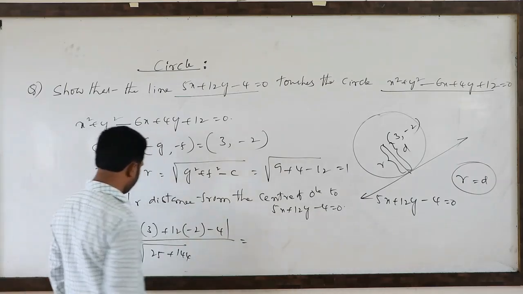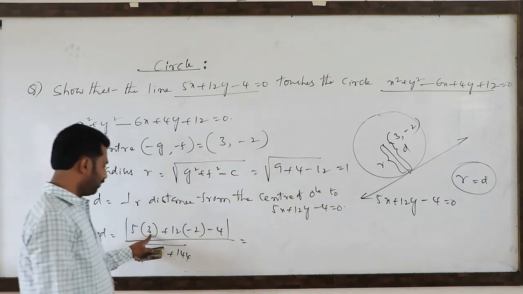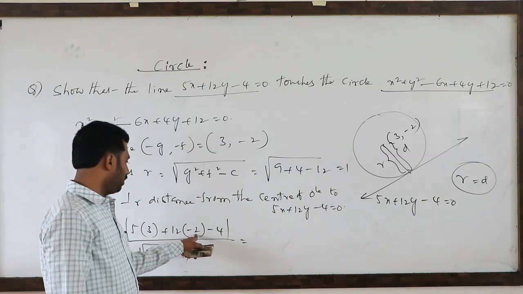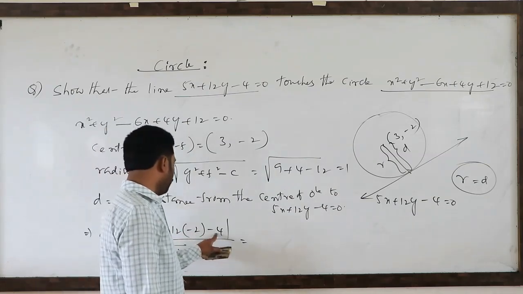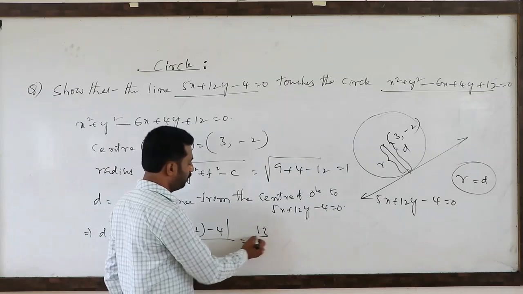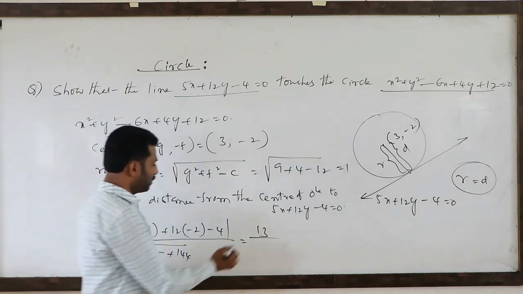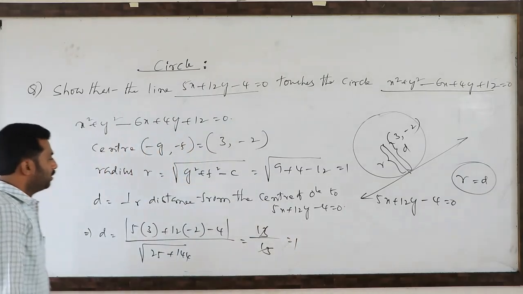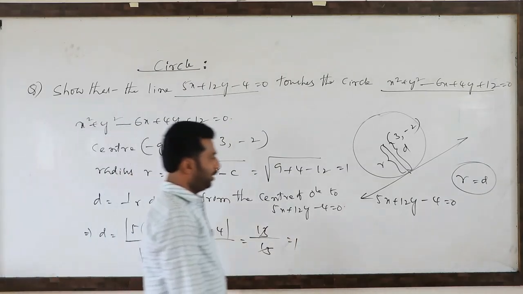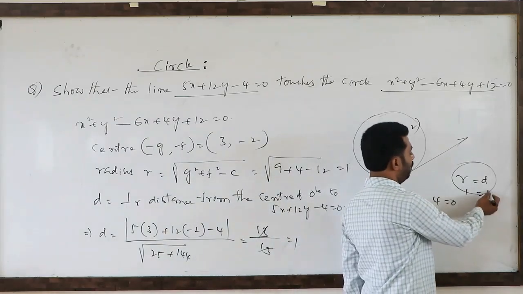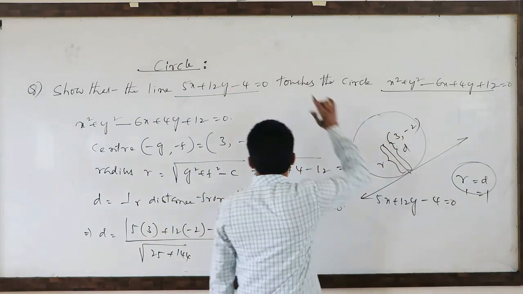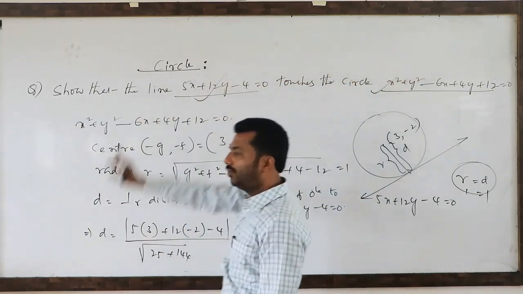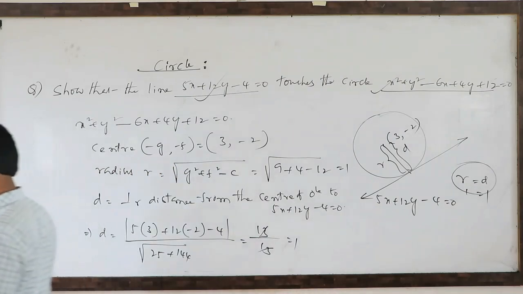So from this, this is 15, minus 24, minus 4, which means the numerator is 13. Root of 169, the denominator is also 13. So this is 1. So the radius is equal to the perpendicular distance. Radius is 1, perpendicular distance is also 1. So clearly this line touches this circle. So r equals d. Like that you have to answer.